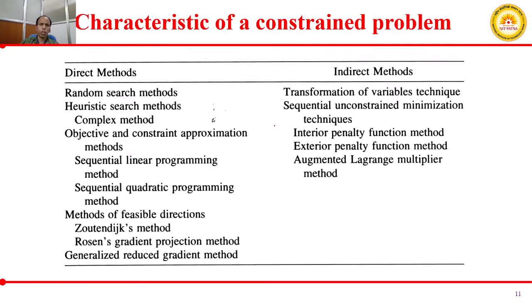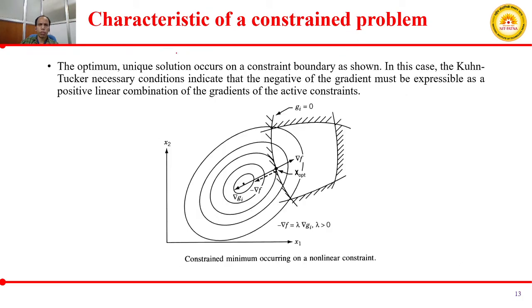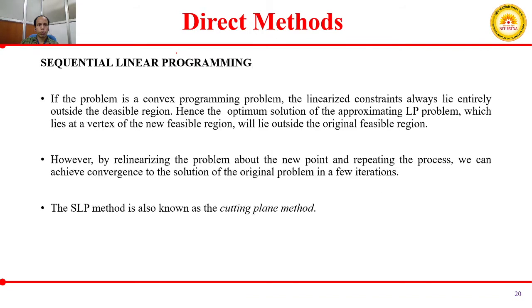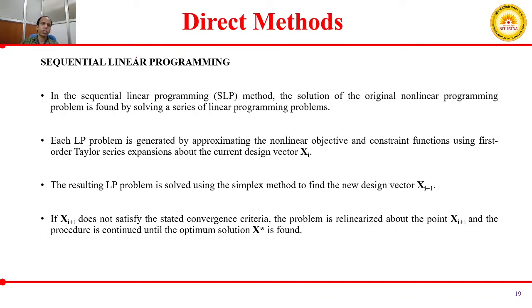In constraint problems we have direct methods and indirect methods, right? Like in the previous module 4 we had direct and indirect methods, similarly in constraint problems also we have direct and indirect methods. These things I will not discuss. Sometimes names like sequential linear programming come up.